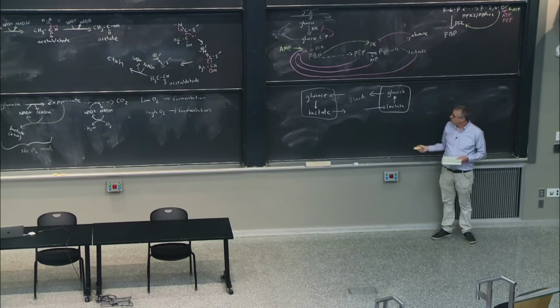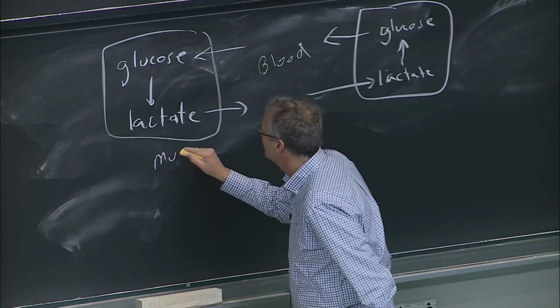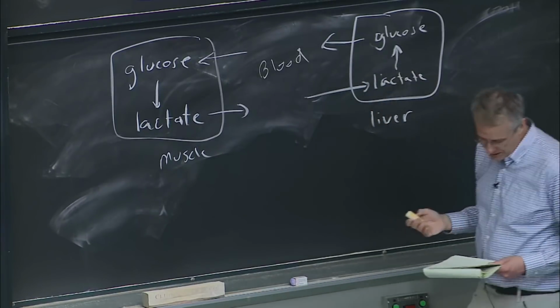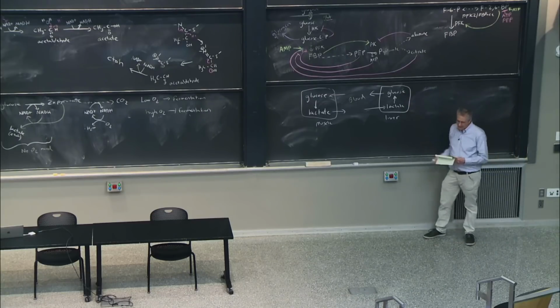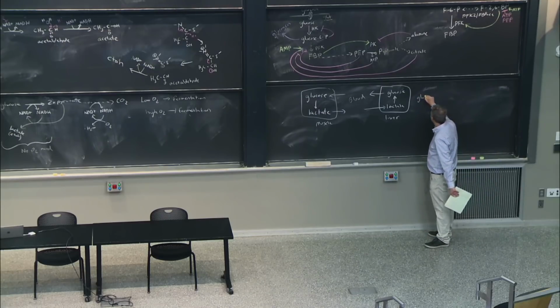This cycling of glucose and lactate across the body between the muscle and the liver is sometimes referred to as the Cori cycle, and involves a clear set of reactions to turn that lactate back into glucose, a process called gluconeogenesis.